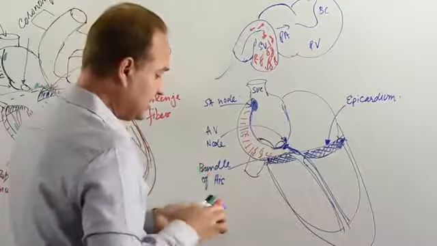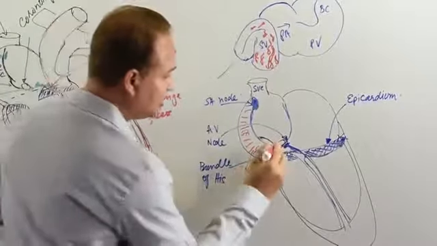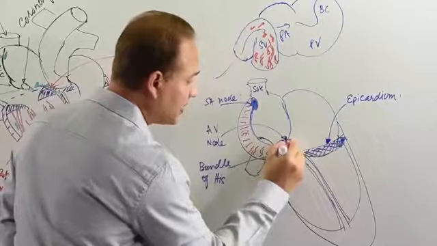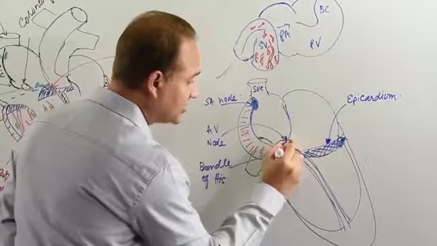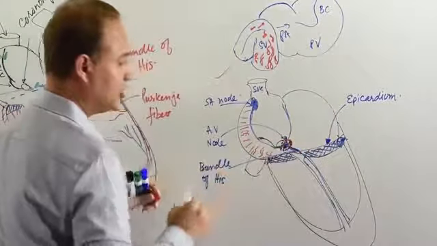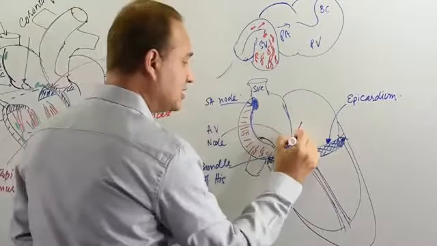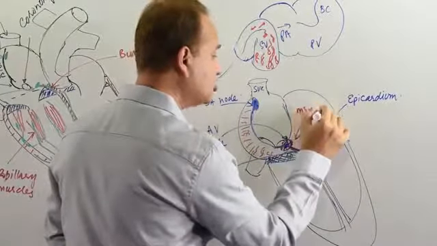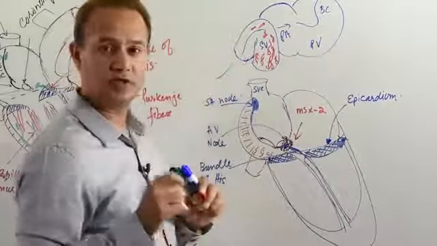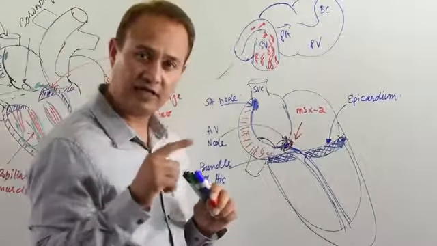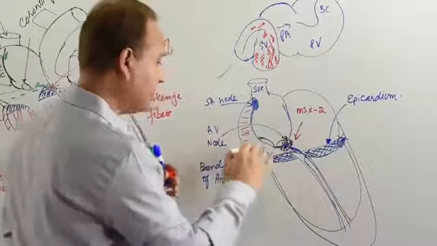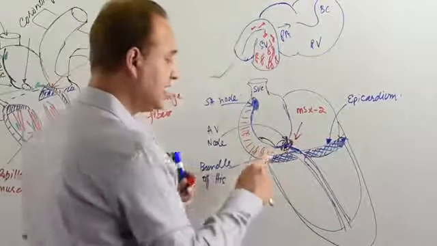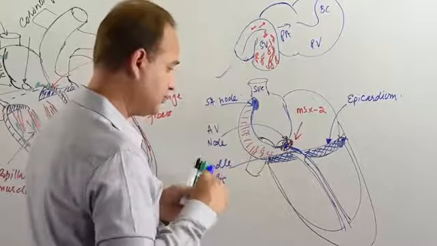Now the cells that are present around the AV node become consolidated and start developing the bundle of His. These cells exhibit the MSX2 homeobox gene. So they are special cells surrounding the AV node near the coronary sinus, and they would make the AV node and the His-Purkinje system.